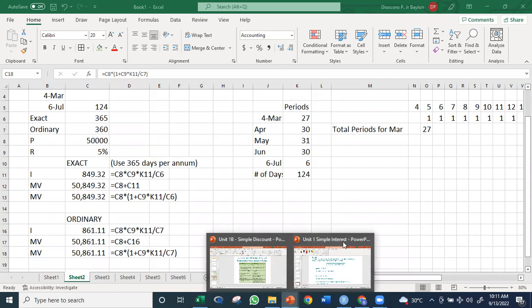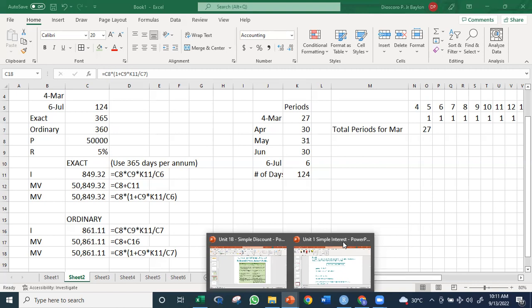Okay, so my question, if it's not stated, is it ordinary or exact? It will always be stated if we want exact or ordinary. Sometimes the context will be given. So for example, if you're told that it's in banks, then it will be the ordinary. If it's the government, then it will be exact. But we will not create a confusion there. I will tell you if you need exact or ordinary.